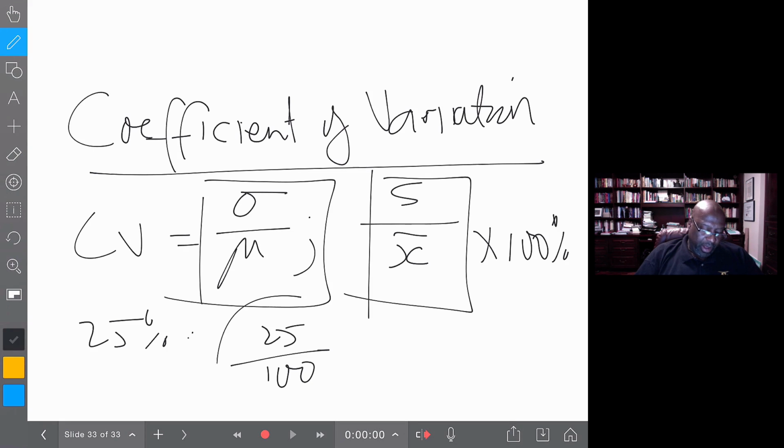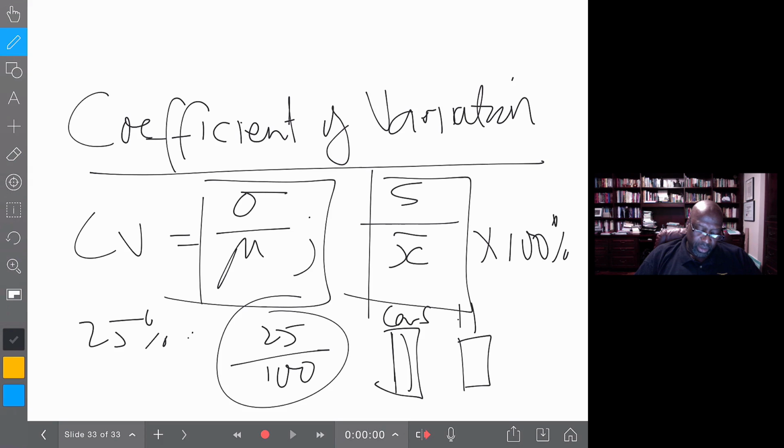All right. That is a very useful measure, and as I said, it's very good for comparing different distributions. So if you want to compare the variation of house prices to cars, then we collect our data, calculate the mean, standard deviation, and find the coefficient of variation, and then compare them.